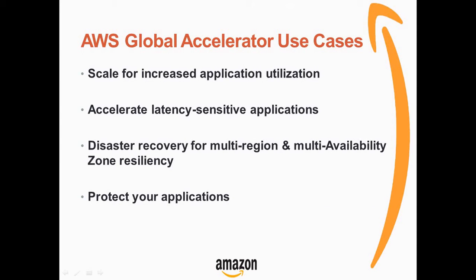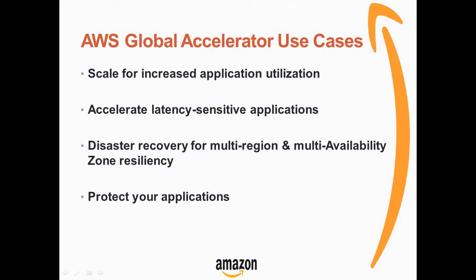Some of the use cases for Global Accelerator are, when you need to scale for increased application utilization, you'll use Global Accelerator. Other than this, if your application is latency sensitive, you can accelerate using Global Accelerator.